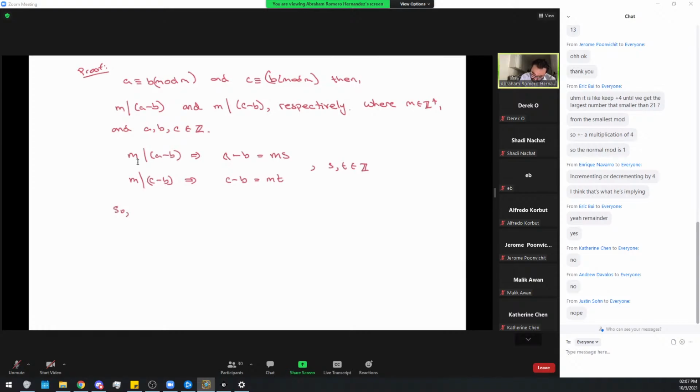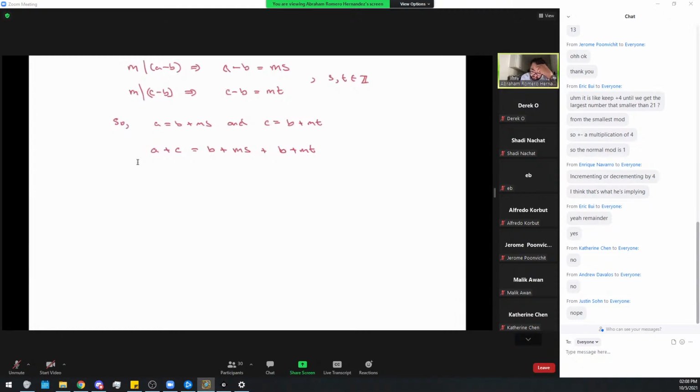So the way we're looking at it, we have A is equal to B plus MS, and C is equal to B plus MT. If I add both of those, A plus C is equal to B plus MS plus B plus MT, right?